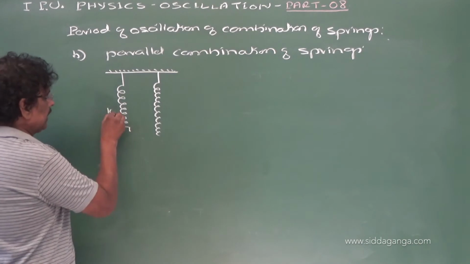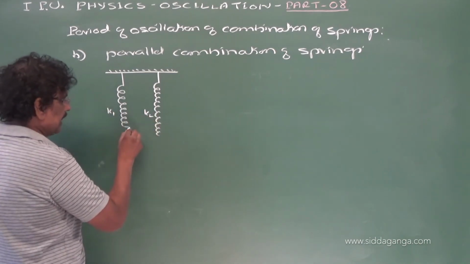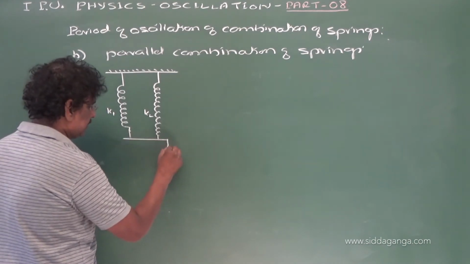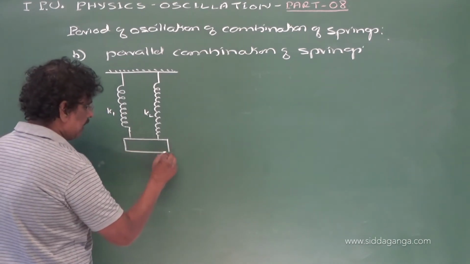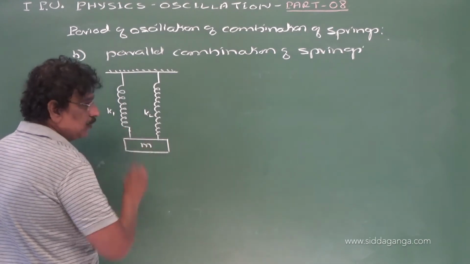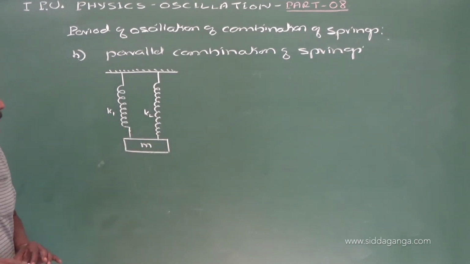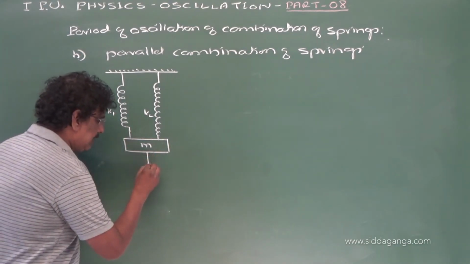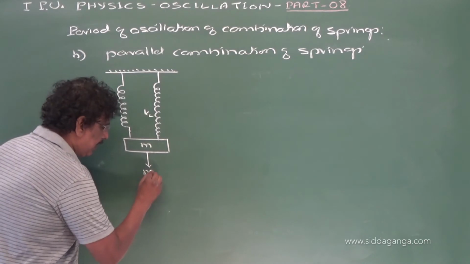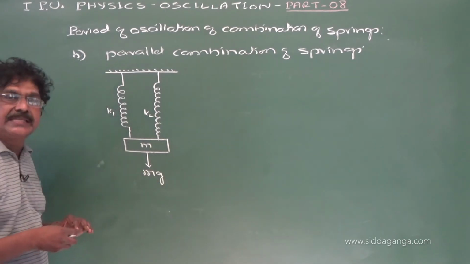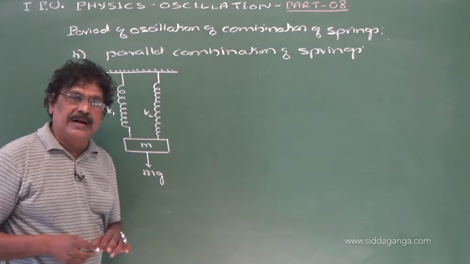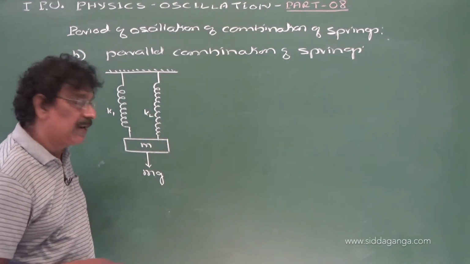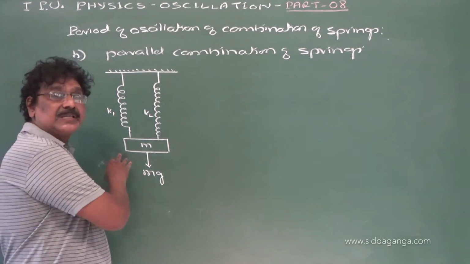This has K1, this has K2. The lower ends of the two springs are connected to the mass M. When M is attached at the lower end, the force mg acts, and a restoring force is developed on the springs.